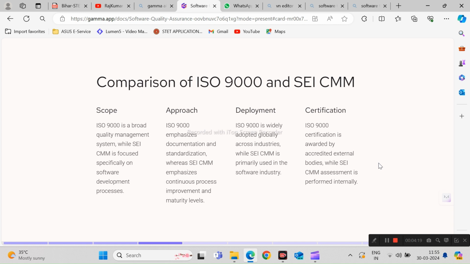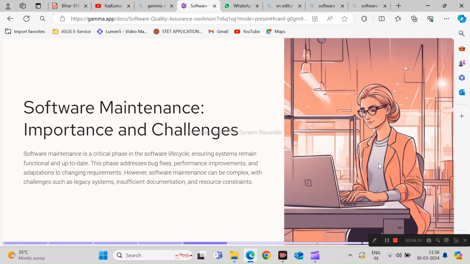Now, on the basis of certification, ISO 9000 certification is awarded by accredited external bodies, whereas SEI CMM assessment is performed internally. Move ahead and see software maintenance, its importance and challenges.